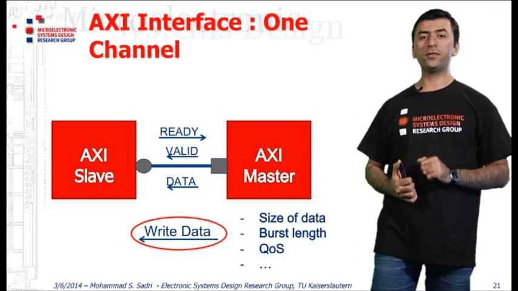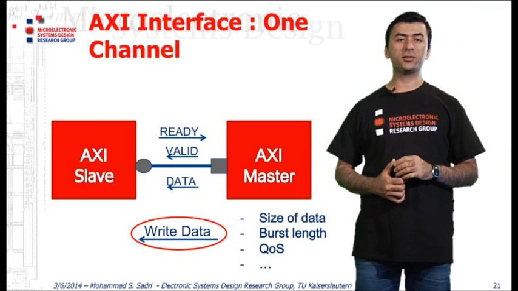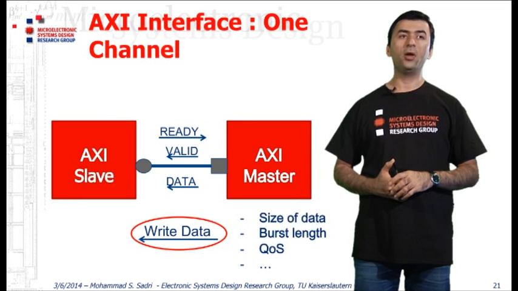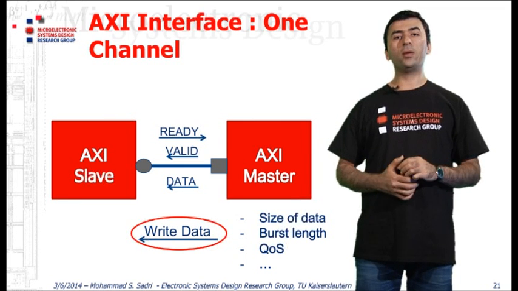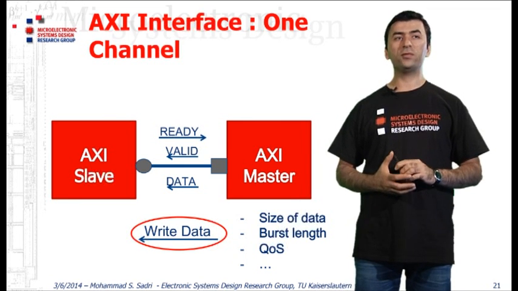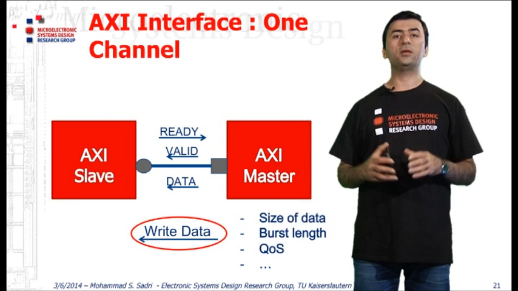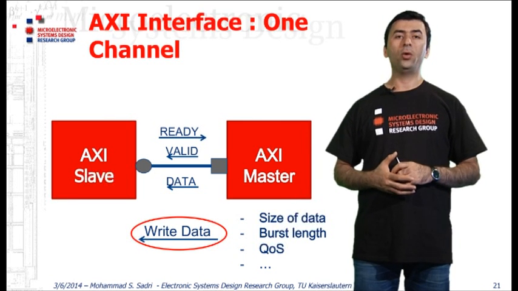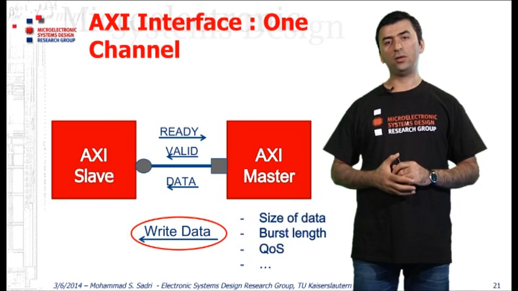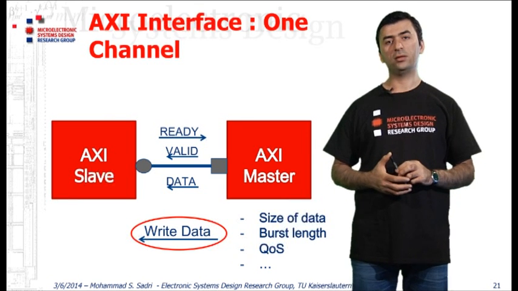Practically, these 3 signals are the main signals which create each of these AXI channels. There are other sets of signals inside each AXI channel as well. For example, each time that you want to transfer a set of data, you indicate the size of the data or the width of the data which is being transferred.